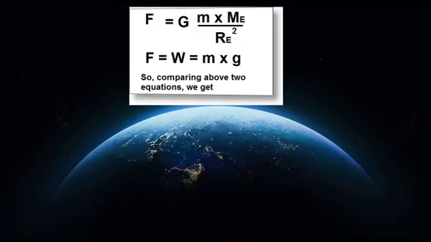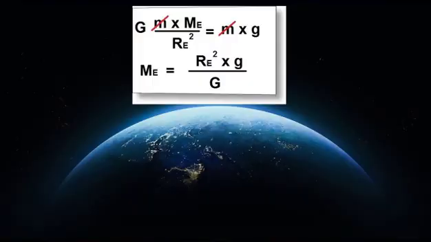Now we have two main equations. F is equal to mg, and F is equal to G, mass of the object multiplied by mass of the earth, divided by the square of the radius of the earth. Now if we compare these two equations, we have mass of that object multiplied by g is equal to G, mass of that object multiplied by mass of the earth, divided by the square of the radius of the earth.